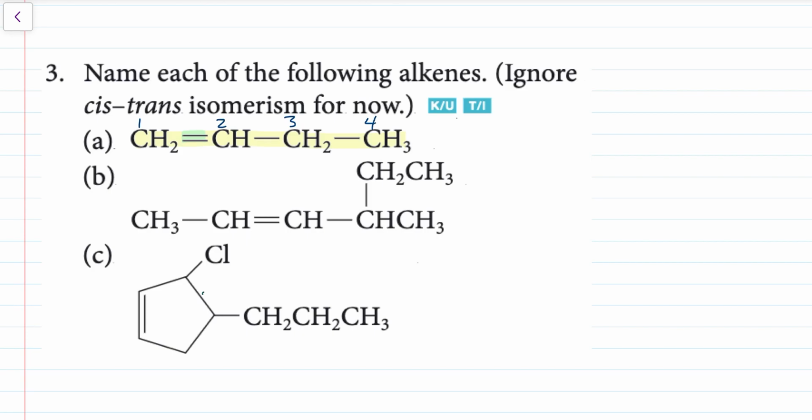Just so much easier to say. But-1-ene. There you go. We got no branches here, so we remember, I'll just leave that little 4 up there. We just need to remember that the numbering priority goes to this carbon-carbon double bond or triple bond. Okay, so that's the numbering priority.